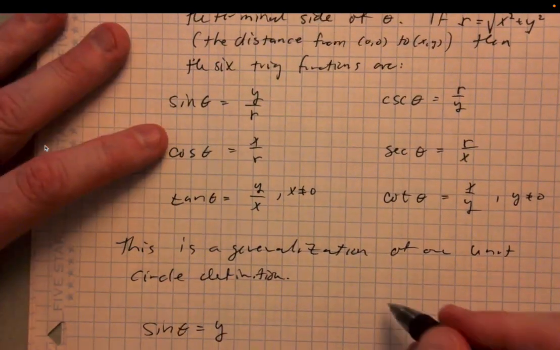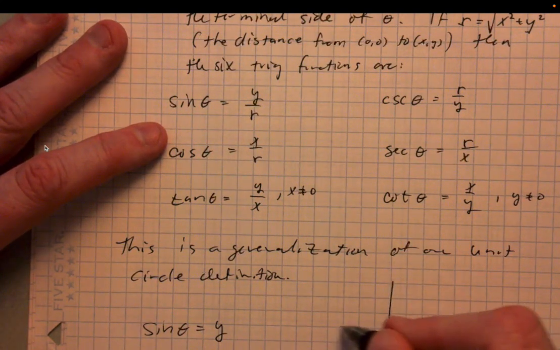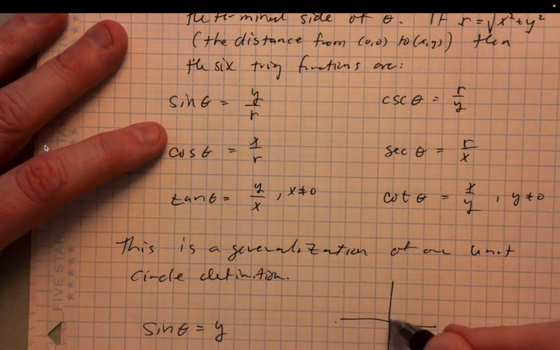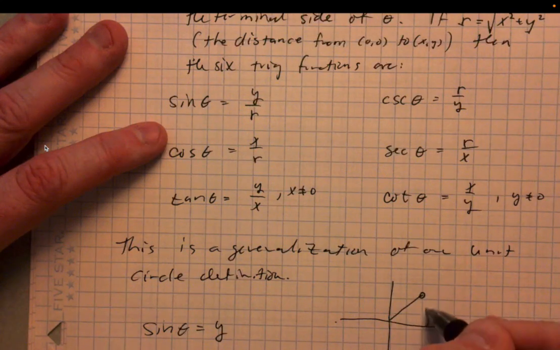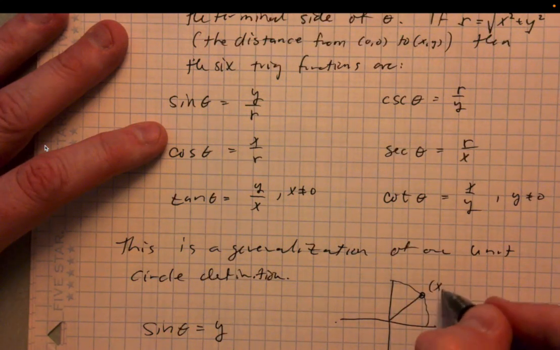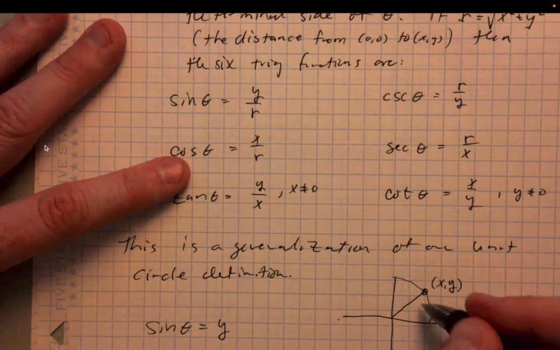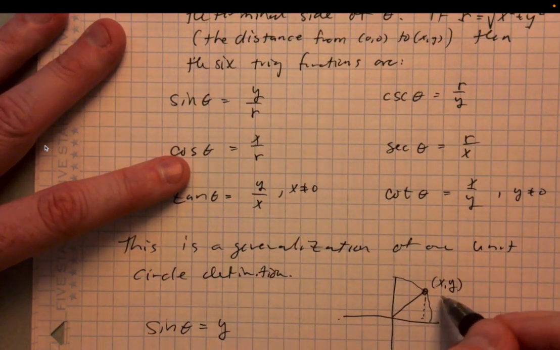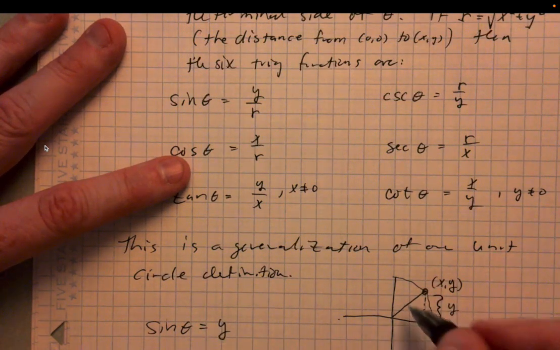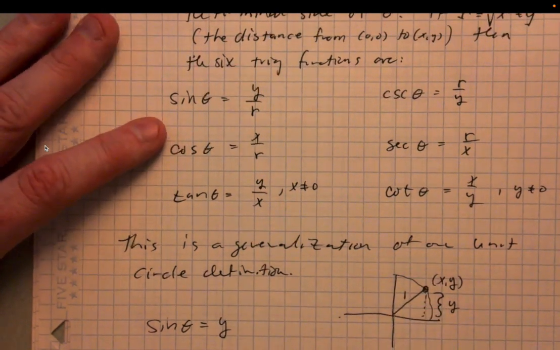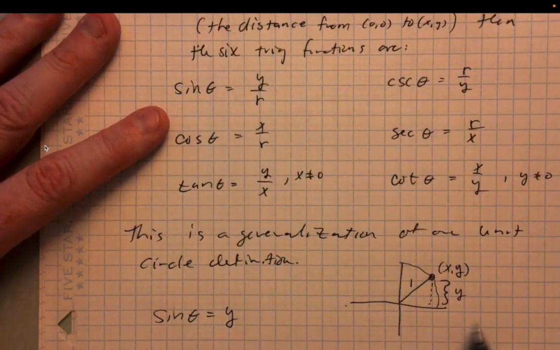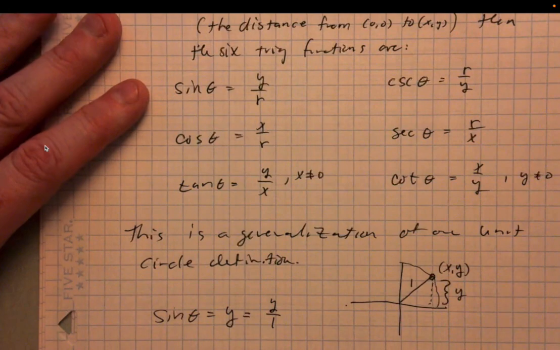Remember, we had a point (x, y) on the unit circle, and we said that this is the length y. Then because it's a unit circle, this was always 1. But really what's going on here is that it's y over 1.